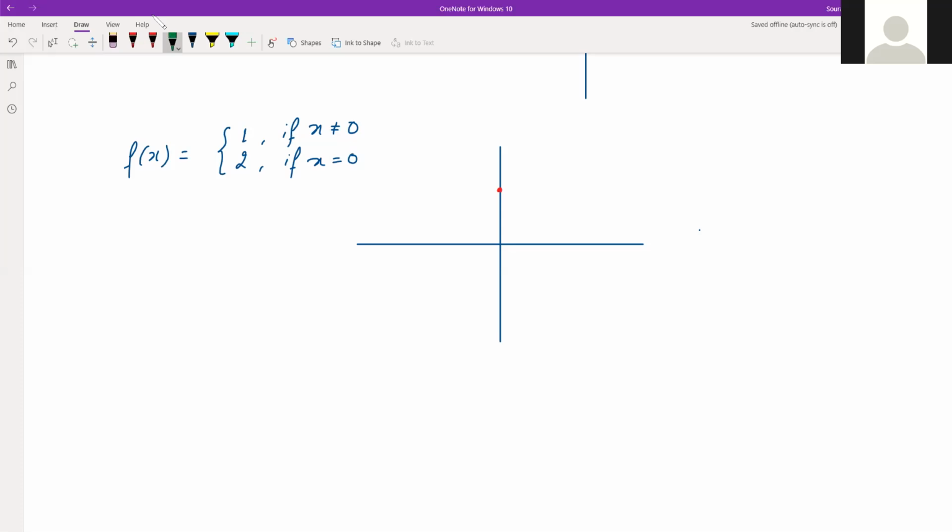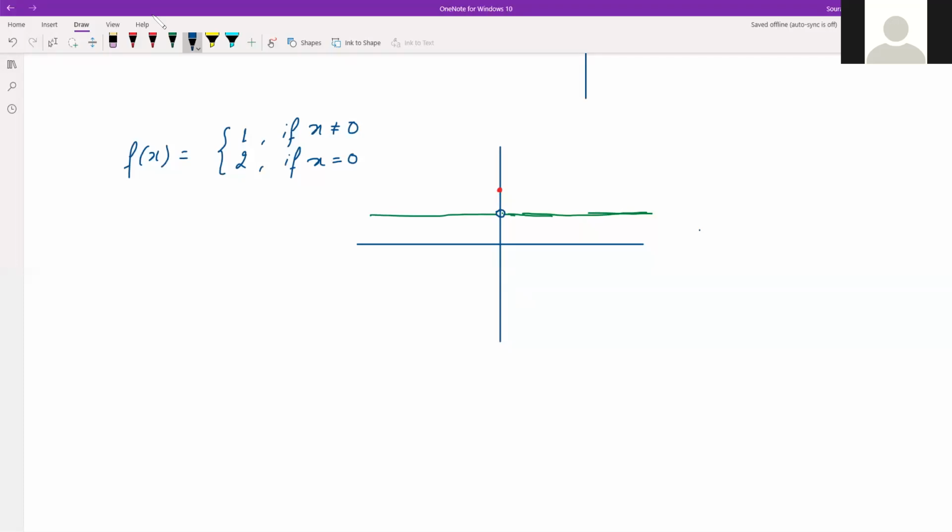So that means it will be like this, right? And at 0, it won't be 1. At 0, it will be as we have drawn in the red line and the red dot, that will be when x is 0, otherwise it will be like this. So I can draw the graph like this.